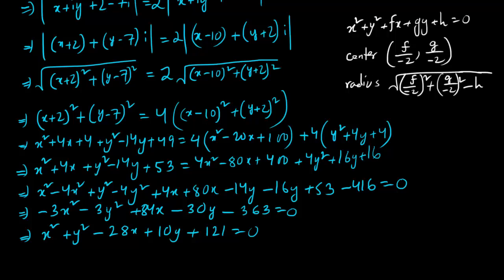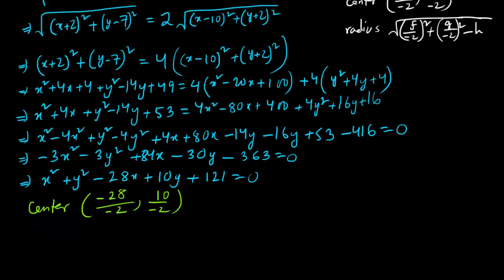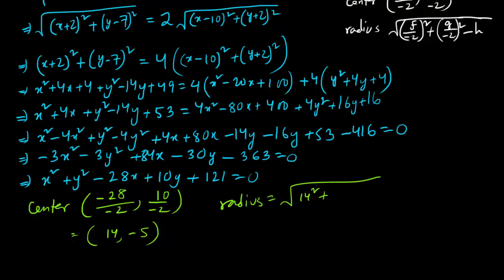So from here we can write the center of the circle as the coefficient of x divided by minus 2, the coefficient of y divided by minus 2. So it is going to be 14 and minus 5. And the radius is going to be the square root of 14 squared plus 5 squared minus the constant, which is 121.